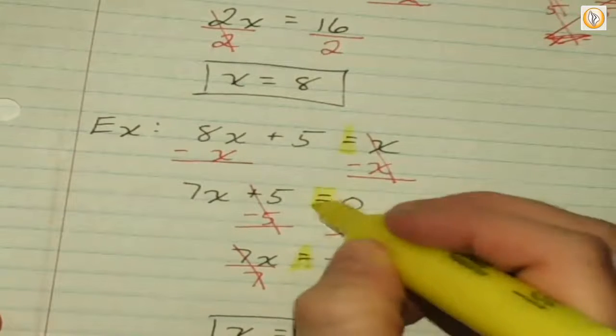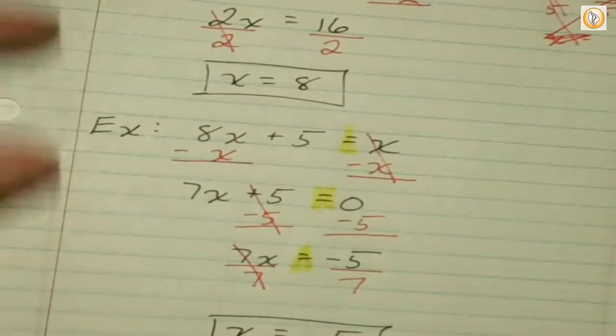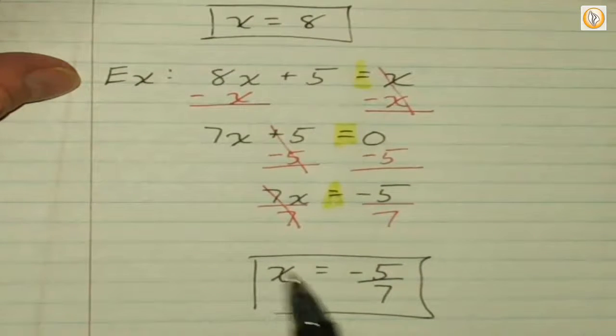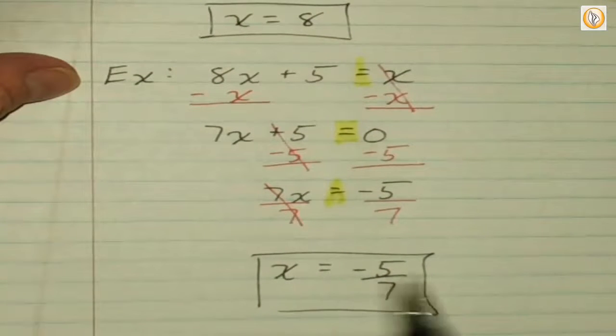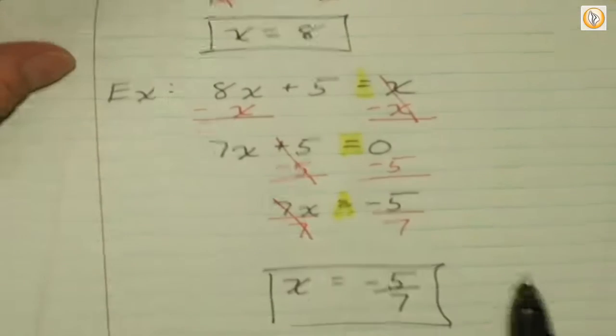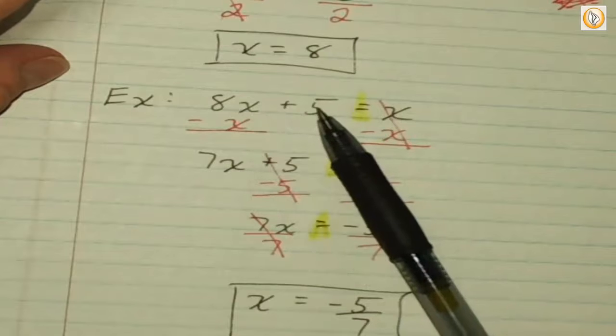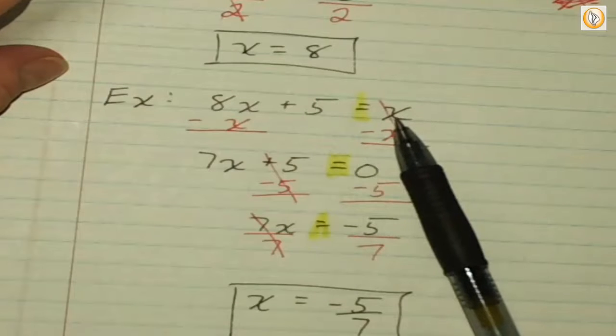So the ultimate goal, let's go back over this. The ultimate goal is to have your letter on this side of the equal sign and your numbers over here, right? So let's back up. We have a letter with a number, and then we have another letter.